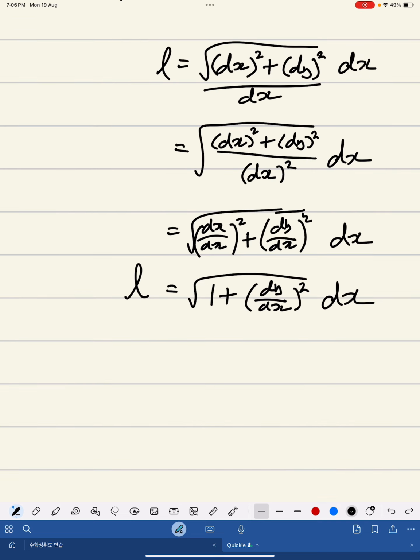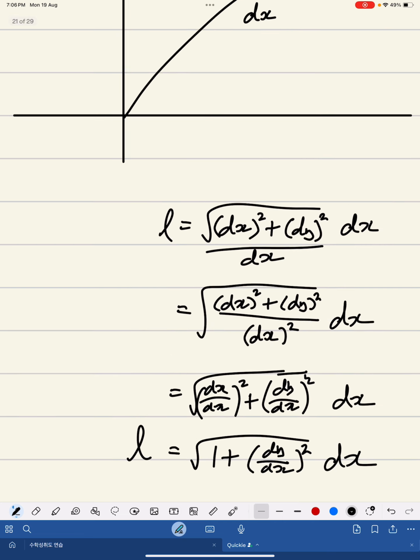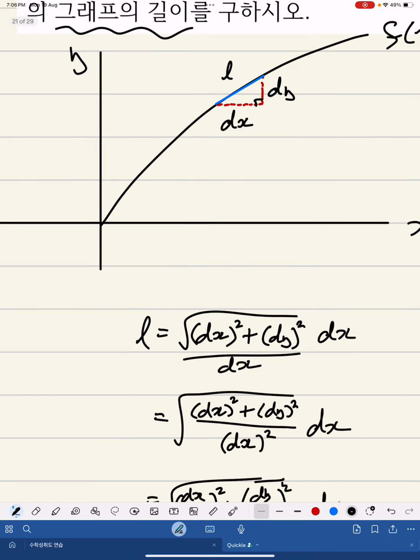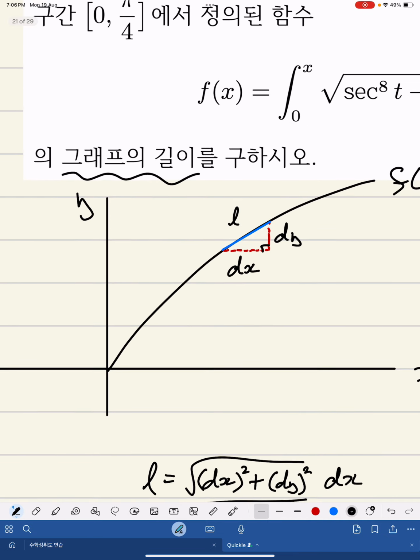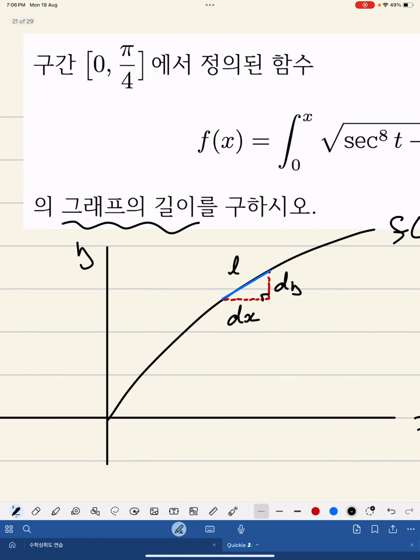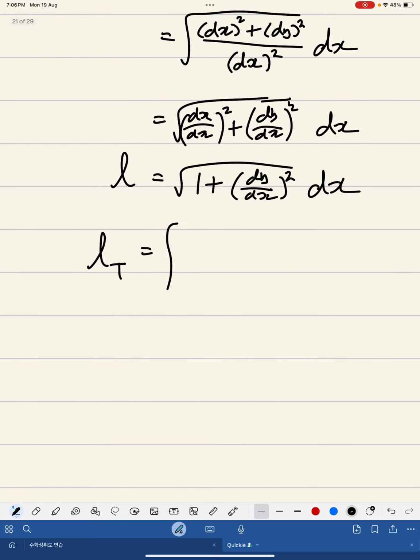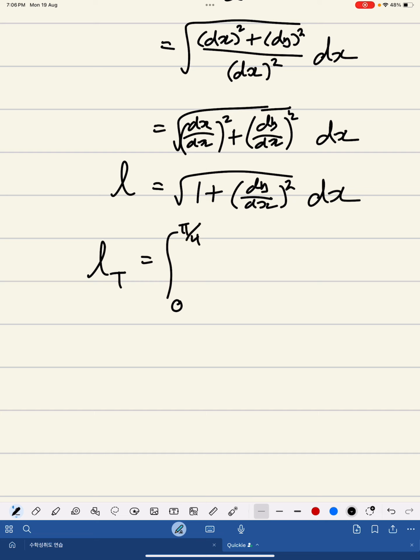So we can say that the length subtotal, which is the answer we want to find, the length of the function, is equal to the integral from 0 to pi over 4 of root of 1 plus dy over dx squared dx, because we are adding all of the small lengths together in order to get the final total length of the function itself.